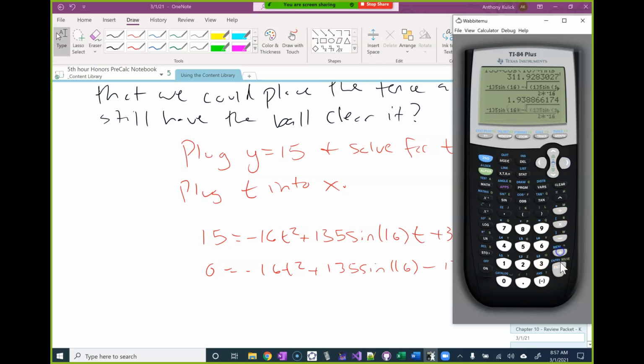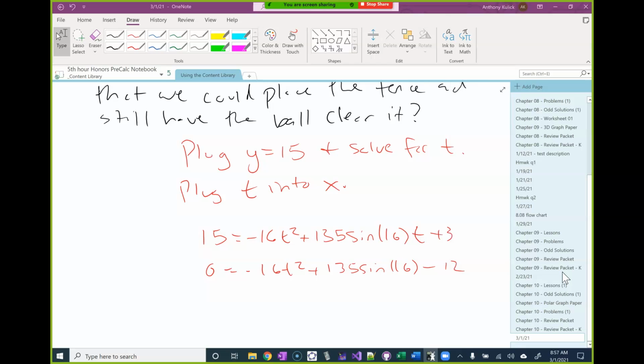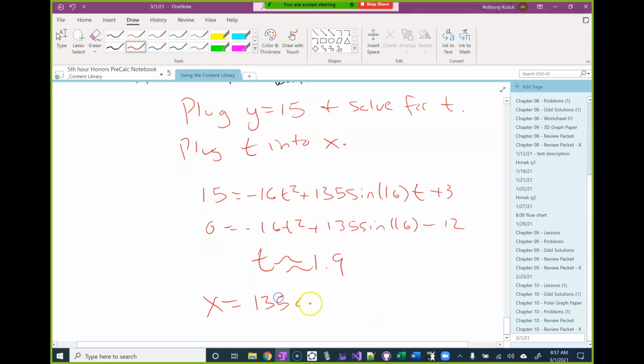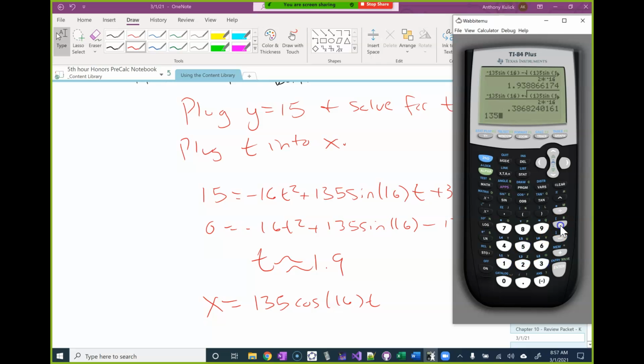Yep, so about 1.9. So x equals 135t. Or about, oh, stupid on me. Let me get rid of some of this stuff. There we go. Now I can do it. That's not right, because it's taking the wrong answer.